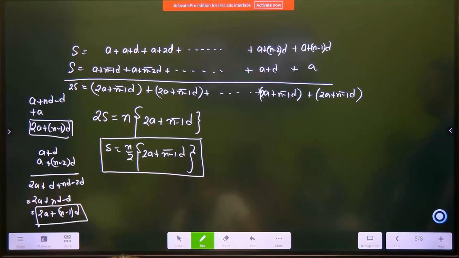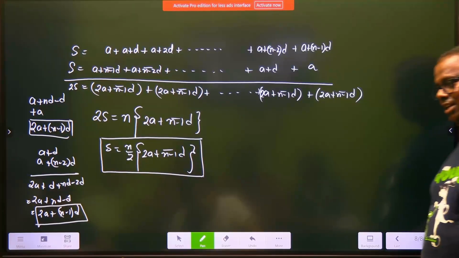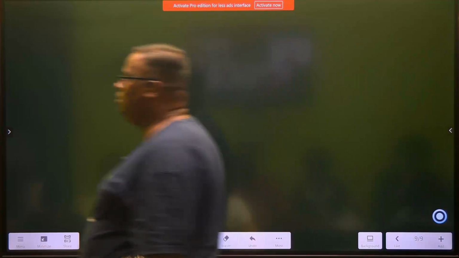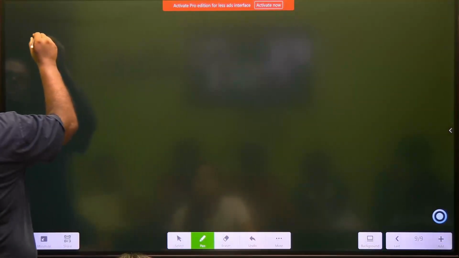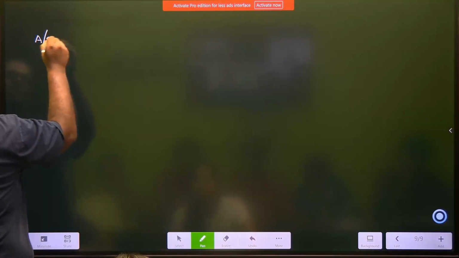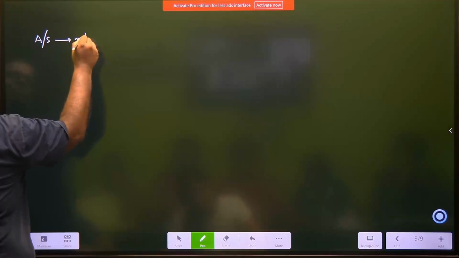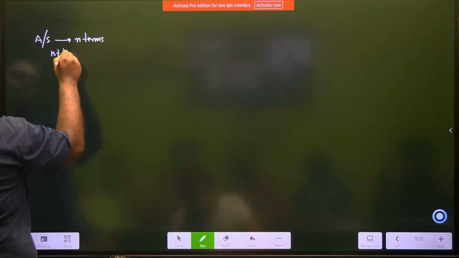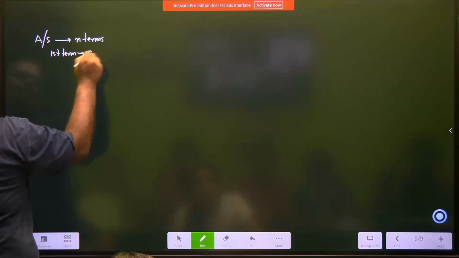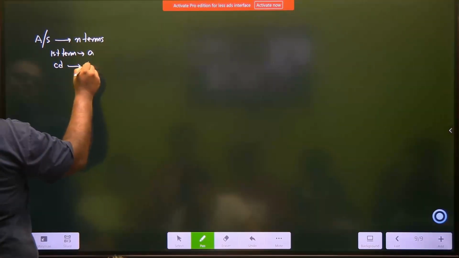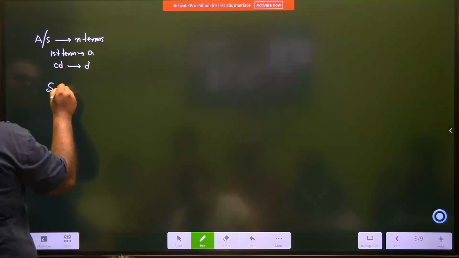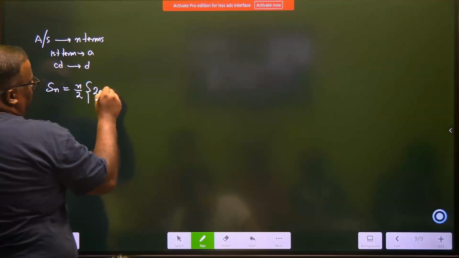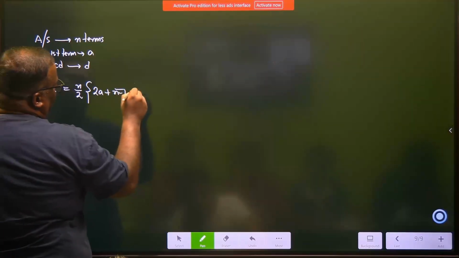Okay, let's move ahead. So what else you learned is, given an AP of n terms, now it's an arithmetic series. Given an arithmetic series of n terms, where the first term is a and the common difference is d, the sum of the n terms is given by n by 2 into 2a plus n minus 1 into d.